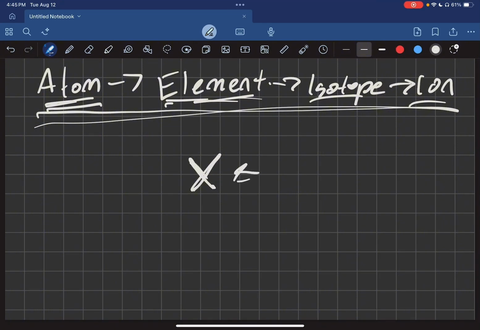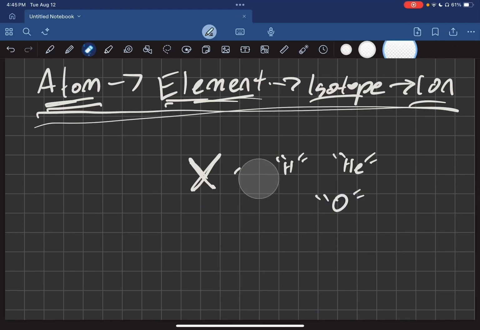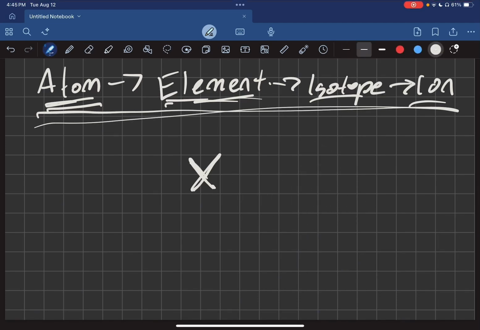So, for example, hydrogen is an H, helium is an He, oxygen is an O. So we'll have that symbol. And then right here in the bottom left, you're going to have Z, and that is called, sorry, the atomic number. The atomic number refers to how many protons.